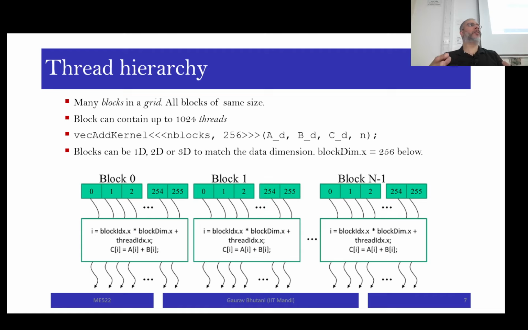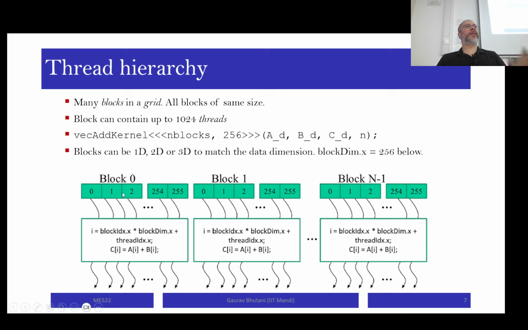Okay. We will discuss in more detail why and what is the meaning of having thread blocks, but for now just understand that there is something called blocks. Your complete GPU code will be distributed into blocks of threads, and each block will have some threads. A block can contain up to 1024 threads, but it can have fewer than that as well, and it is actually your choice to define the number of threads in a block.